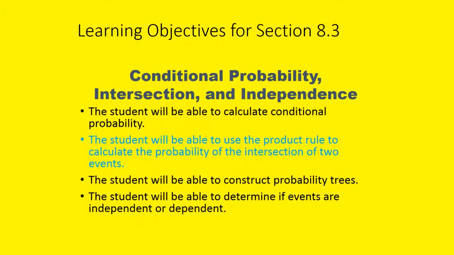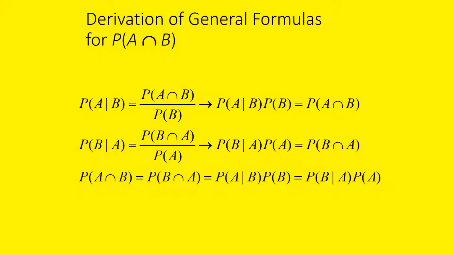But now the big focus is on this product rule. Little derivation here. Here's a formula that we know about conditional probability: probability of A given B is probability of A and B divided by the probability of B. And we certainly could multiply both sides of this equation by the probability of B to get this equation.